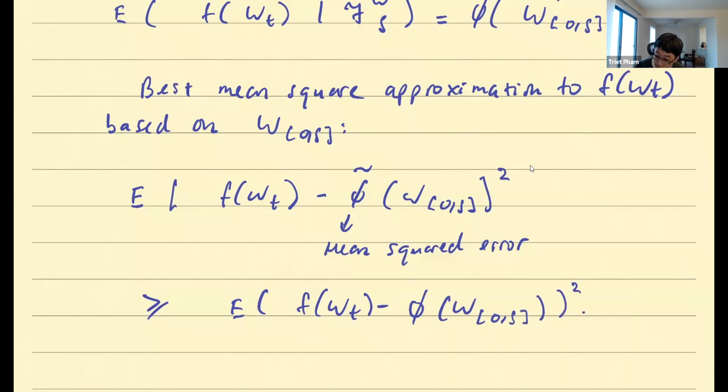Is that okay? That's why it's the best mean square approximation. If you take any other guess, you will accrue some error, and that error on average will be higher than the error you make with conditional expectation. Fancy language maybe, but it's really very simple in idea.